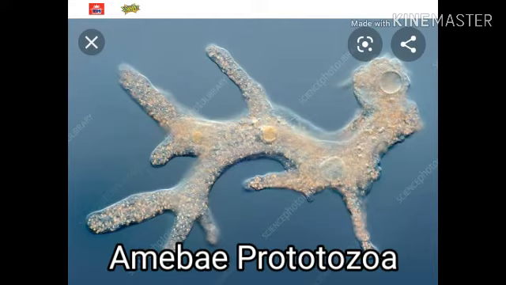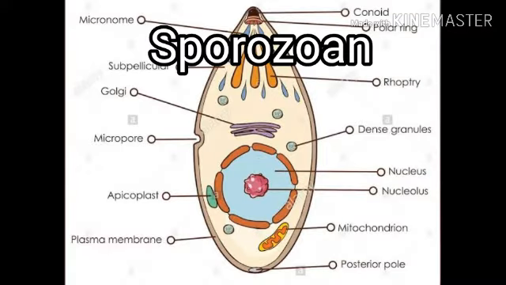Amoeba protozoa, or the sarcodines, are unicellular, jelly-like protozoa that can be found in fresh or seawater and in moist soil. Sporozoa are non-motile, involve both asexual and sexual generations, often in different hosts, and include important pathogens like malaria parasites.